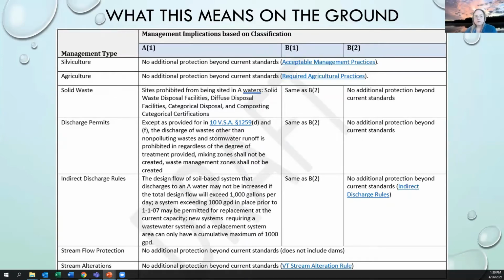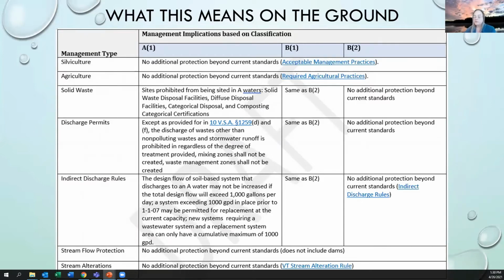As far as forestry and silviculture, as long as you're doing logging and forest work based on the acceptable management practices, which are the standards for forestry, there's no change in what you can do on your land. Same thing with agriculture. As long as you're following the required agricultural practices, there are no restrictions put on that land.